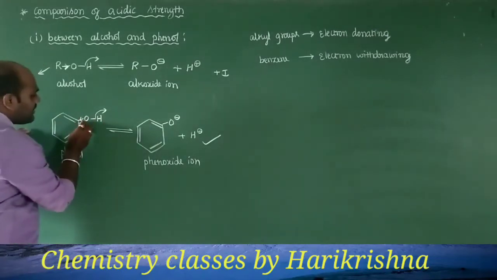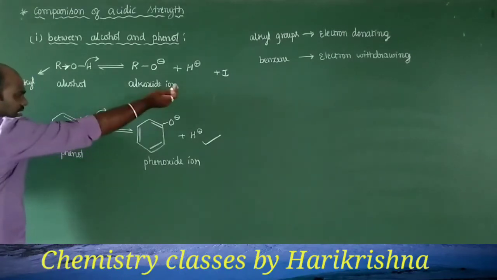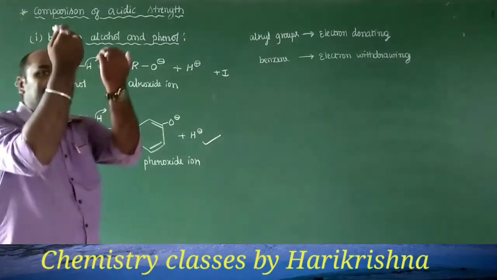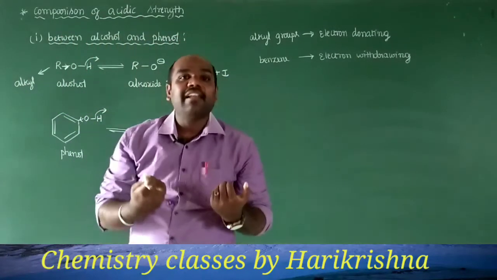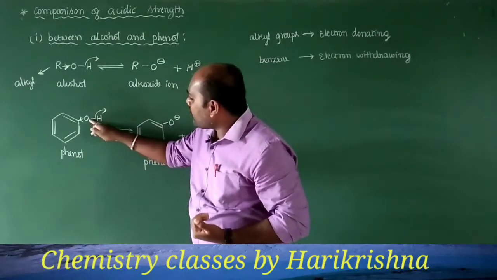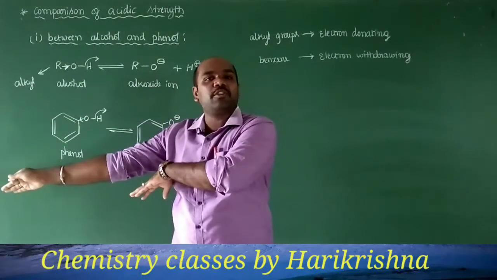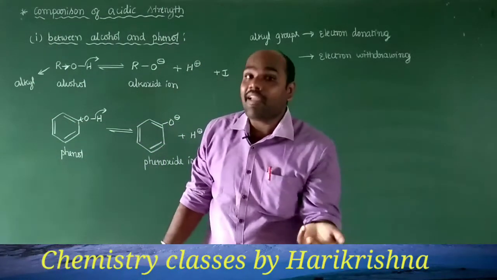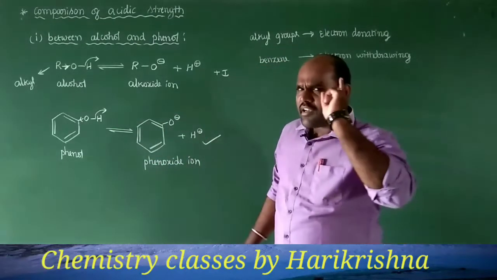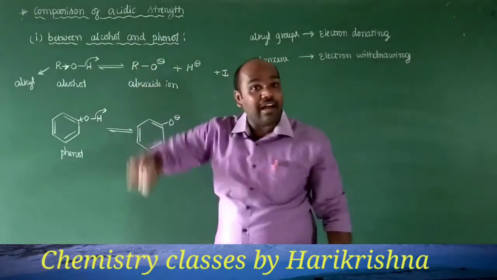And in case of phenol, when the electron density is pulled more towards the benzene ring, there occurs a decrease in the electron density on oxygen atom, so that the bond pair of electrons present between oxygen and hydrogen will be shifted towards the oxygen more fastly, and that makes the elimination of H as H plus in a more easier way in comparison with alcohol.